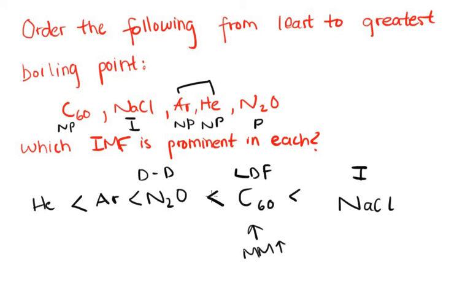When they're asking which is most prominent, it's the stronger IMF that it has. So dinitrogen monoxide has both London dispersion forces and dipole forces, but because dipole forces are stronger, it's more prominent. Argon, it's nonpolar, so it's London dispersion forces, and the same thing with helium.